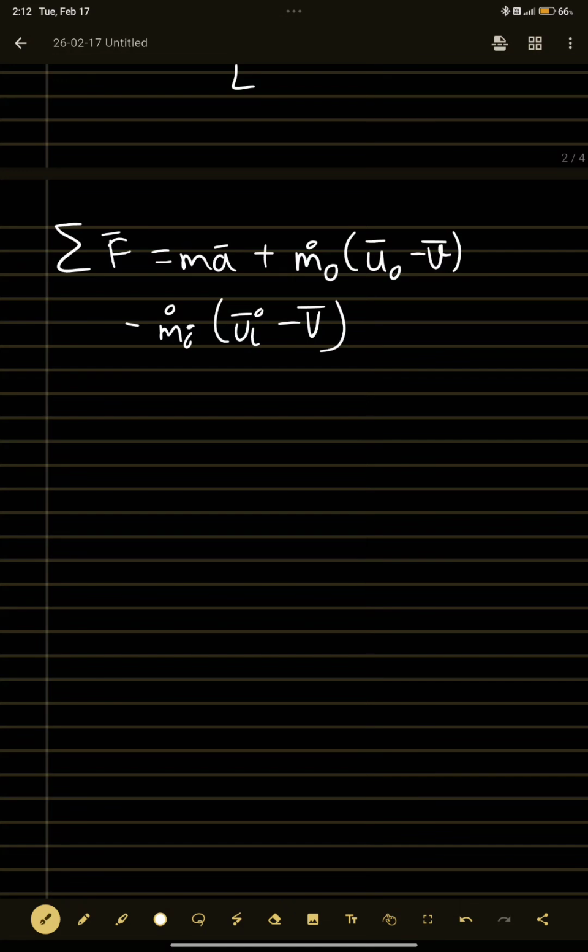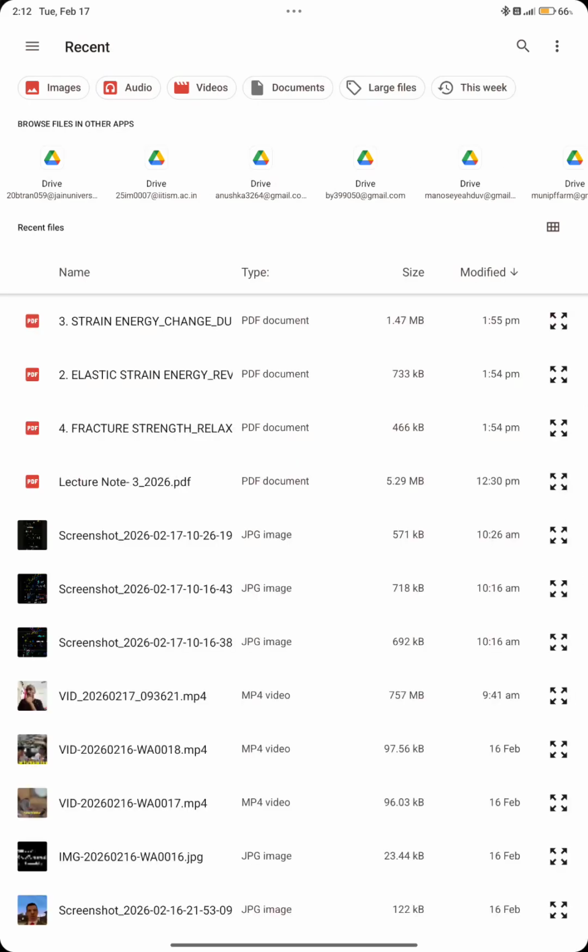With this, in tandem, there is another equation which is the conservation of mass: m dot I minus m dot O will be m dot, which is the rate of change of mass of the rocket nozzle system.